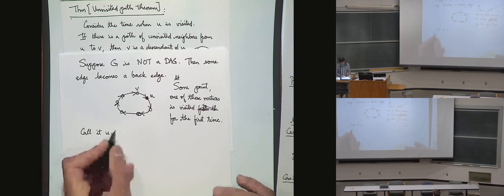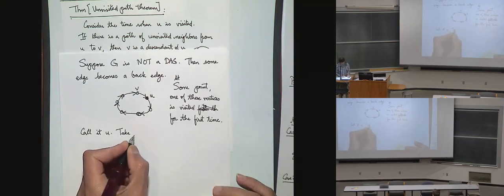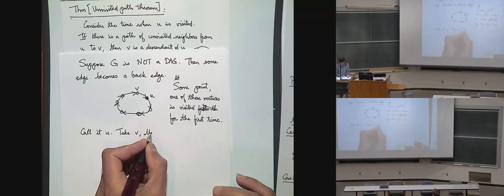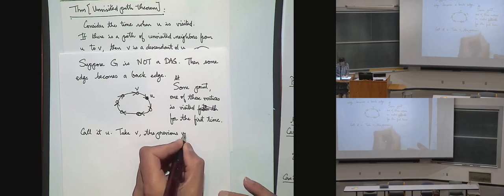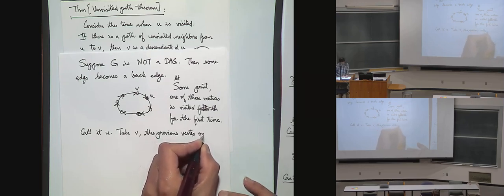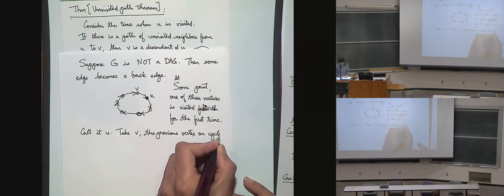So I'll write this. Take V, the previous vertex on the cycle.